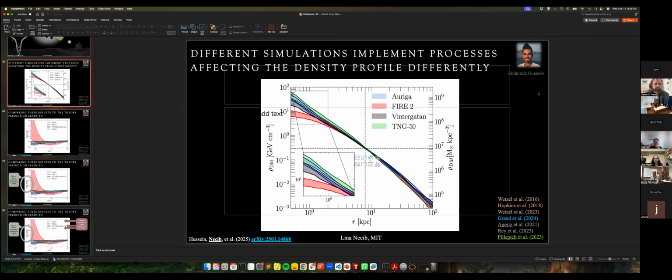A lot of these processes are nonlinear, so it's very hard to tune a simulation just so you can get all the observables correctly, or at least you try to do the best you can. For example, we put in by hand the temperature below which a gas particle turns into a star, or the number density of gas particles to turn into a star, or the energy that is emitted by a supernova.